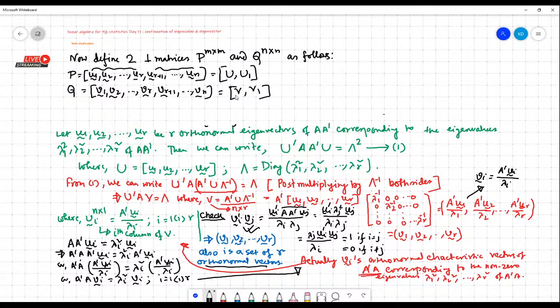Where Ur plus 1 curl to Um curl are mutually orthogonal and also orthogonal to U1 curl, U2 curl, up to Ur curl.